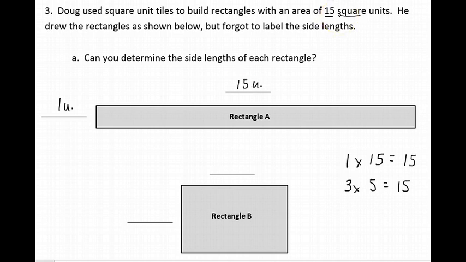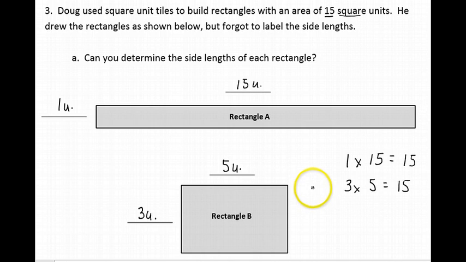So 1 times 15 would give rectangle A an area of 15 square units, and that means rectangle B could be 3 units by 5 units. The width is smaller than the length, but when we multiply them, we still get 15 square units.